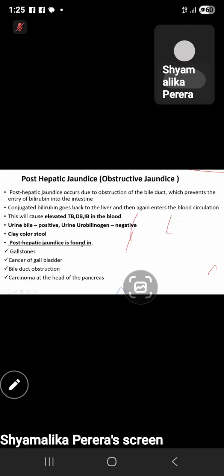So in post-hepatic jaundice, your reticuloendothelial system, or the prehepatic area, is normal, and your liver functions normally and produces a normal amount of bilirubin. But when it tries to go out from the liver, temporarily it goes to the gallbladder, and then when required, it comes to the intestine.